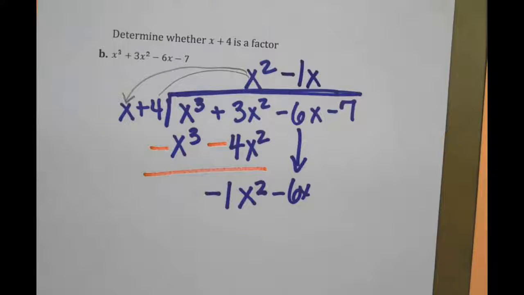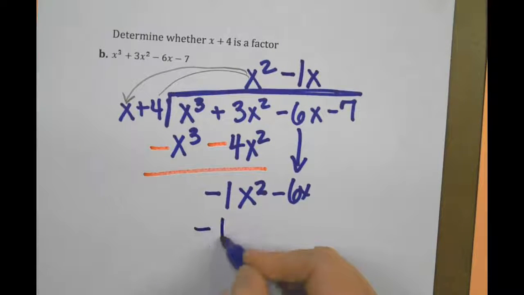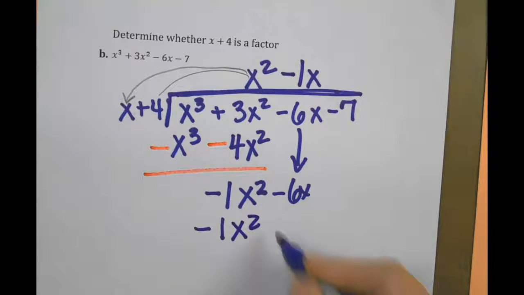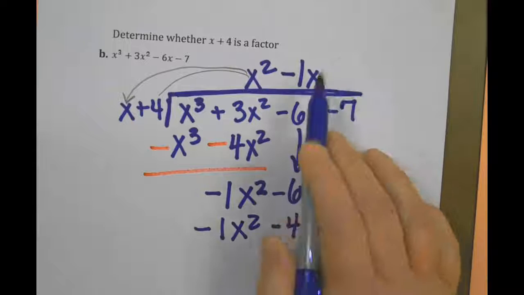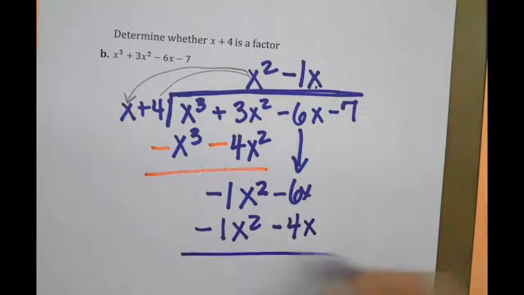Negative x or negative 1x. Negative 1 times positive 1 is negative 1. X times x is x squared. Negative 1 times 4 is minus 4. X times that is x.